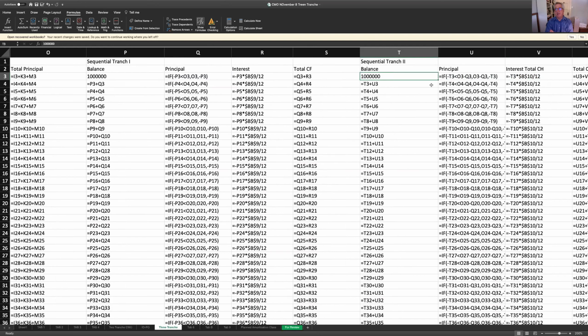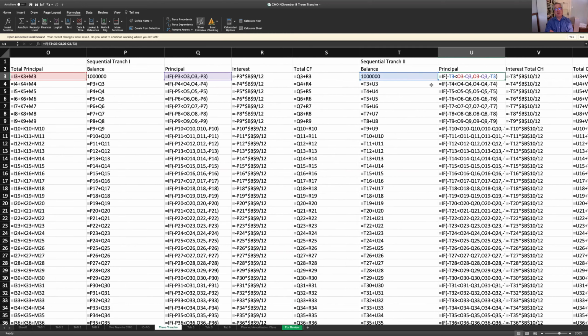Start with $1 million balance. And what it says is this: if what I am owed is greater than what's left over from all the principal after the first tranche is paid, then I'm going to take what's left over after the first tranche is paid.